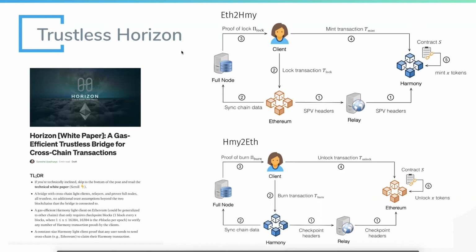The previous version that I showed you is a trusted bridge, where we have a set of validators that confirm the cross-chain events. Whereas in this case, you can see the Ethereum to Harmony flow. A user or a client is going to perform the lock transaction on the Ethereum side, obtain the proof of lock from an Ethereum full node, and use that proof of lock to perform the mint operation.